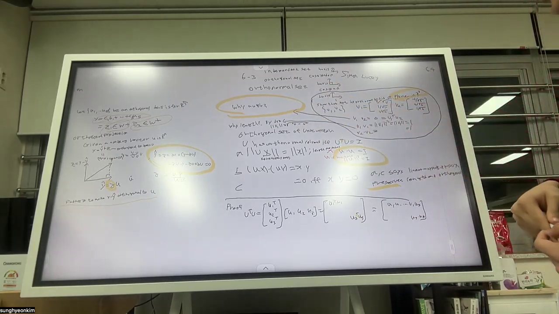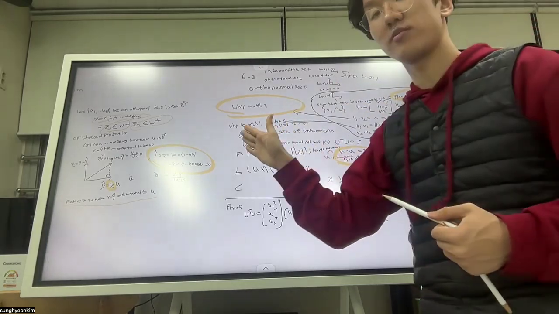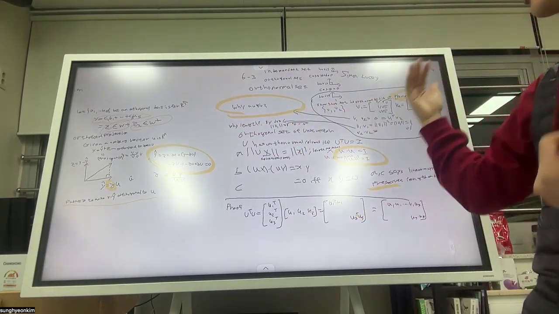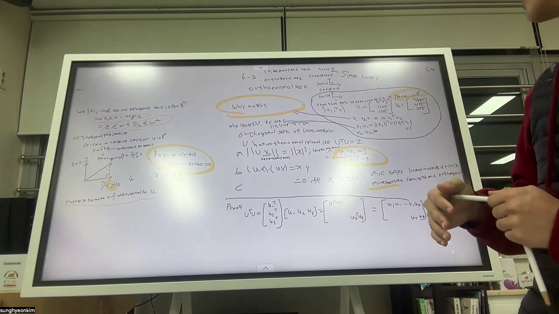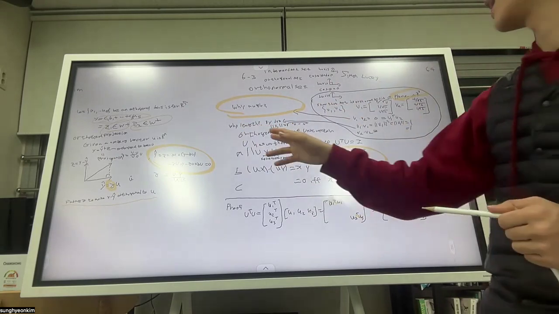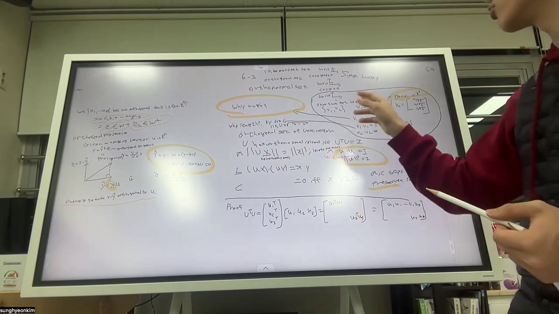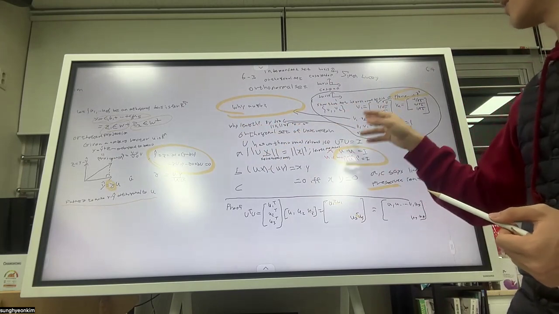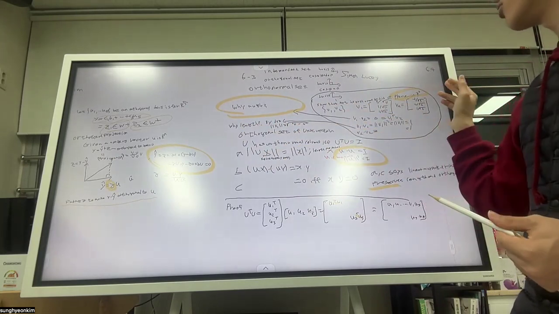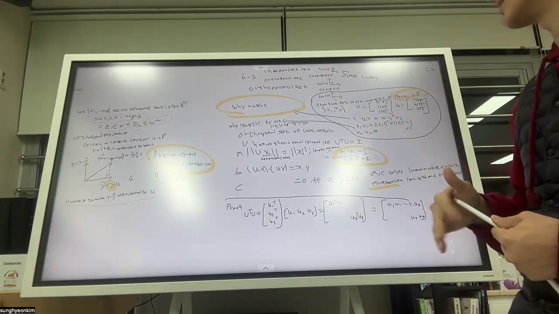All right, and we will also talk about the orthogonal set of unit vectors property, which is that U has orthonormal columns if and only if U transpose multiplied by U equals the identity matrix.